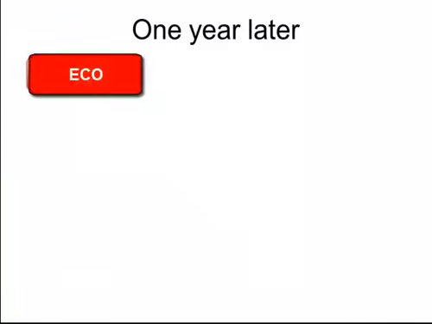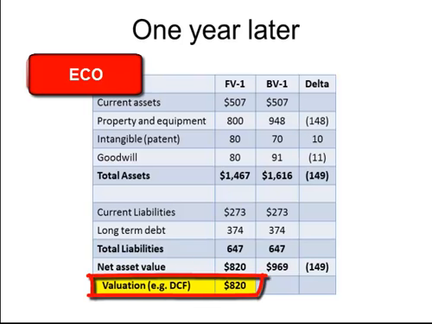The finance group prepares an analysis to value ECO. Valuation techniques such as a discounted cash flow analysis are commonly used to establish a proxy for what the company is worth. In this case, the analysis suggests that the equity of ECO has declined from the $1,040,000 at the date of acquisition to $820,000.